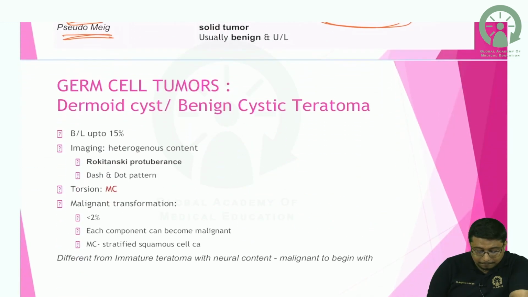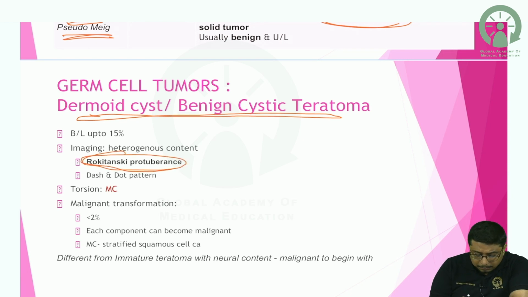Okay. So coming to the germ cell tumors, the dermoid cyst or benign cystic teratoma or mature cystic teratoma, these are filled up with layers from all three germ cell layers, specially filled up with hairs and teeth. So wherever there is a tooth or a bony protuberance inside, it is a Rokitansky protuberance, and this is the site where malignancy is most likely to begin.